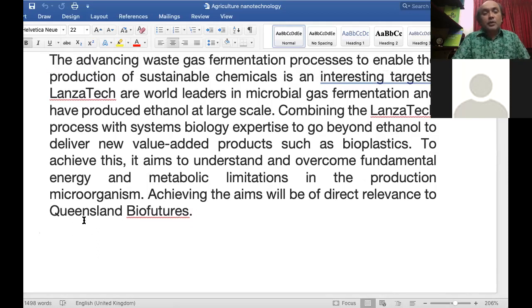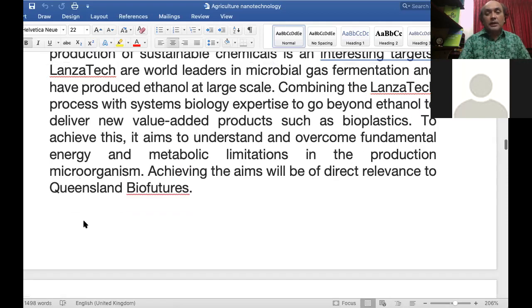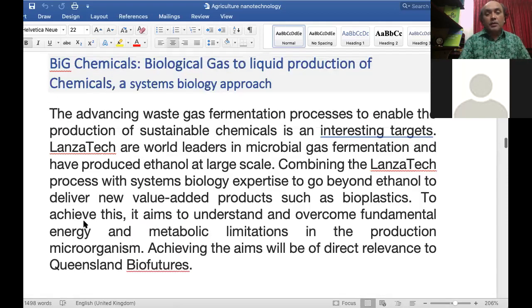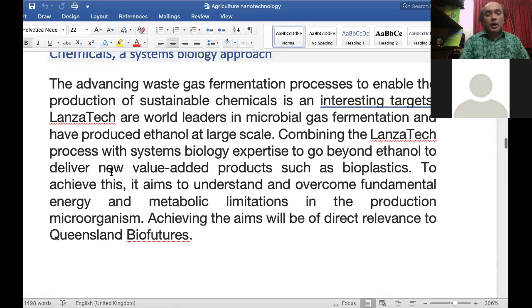So in Queensland University, they are doing this type of research currently, but this type of research can be done in any part of the world, and it is one of the emerging areas for research in nanobiotechnology. That means making bioproducts utilizing nanotechnologies.